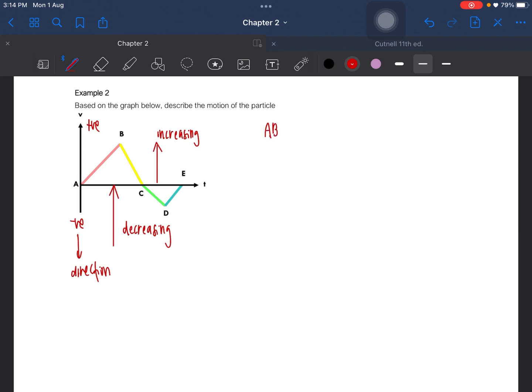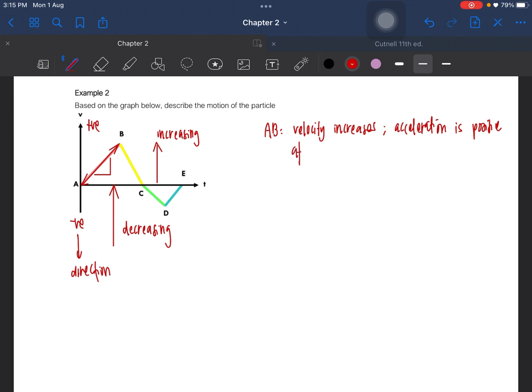So from point A to point B, you can see that this is increasing constantly. So increasing at a constant rate. So this is velocity increase. Velocity increases and the acceleration is positive at a constant uniform acceleration.